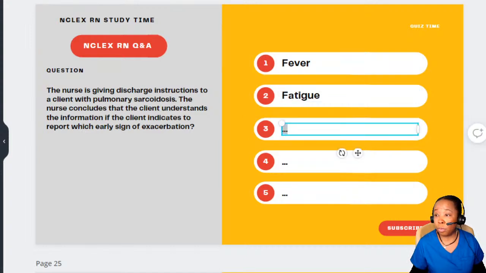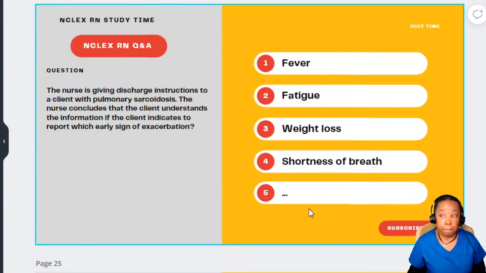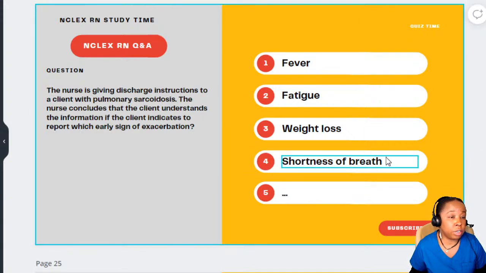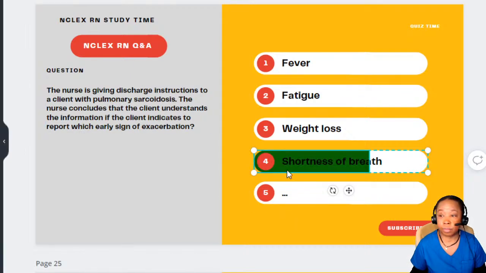The third one will be weight loss. And then shortness of breath. So the answer is 4, shortness of breath.